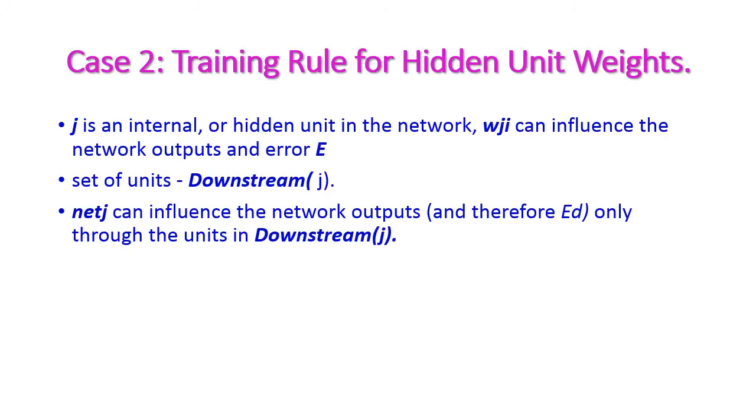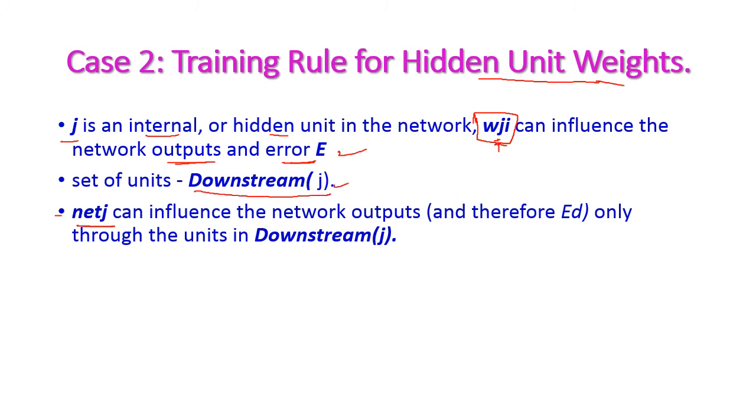And the case 2 is the training rule for hidden unit weights. Here j is an internal unit or hidden unit in the network, and Wji is the weight of the jth input to the ith unit, right, which can influence the network output as well as the network error, and the set of units is called the downstream of j.